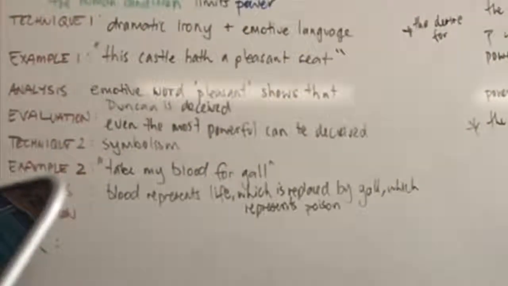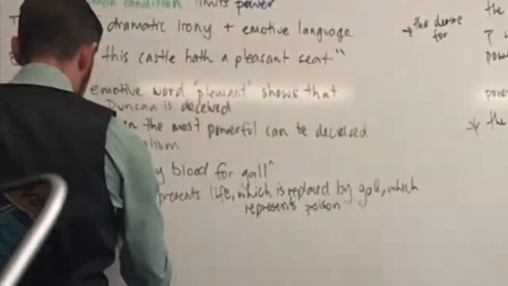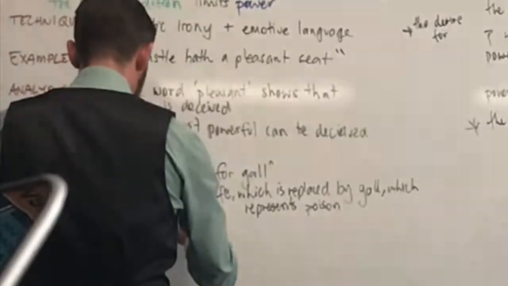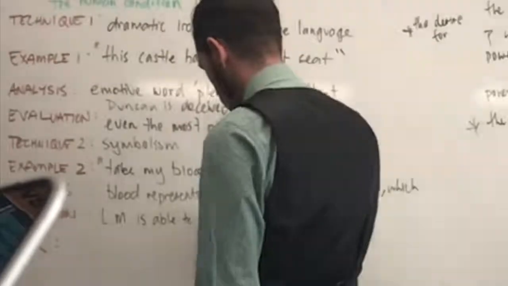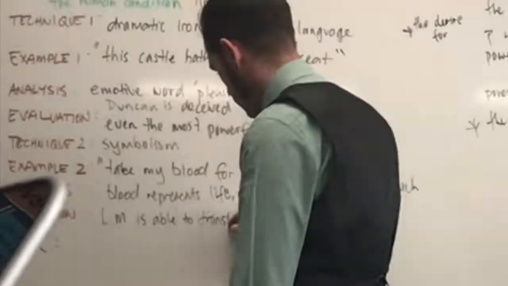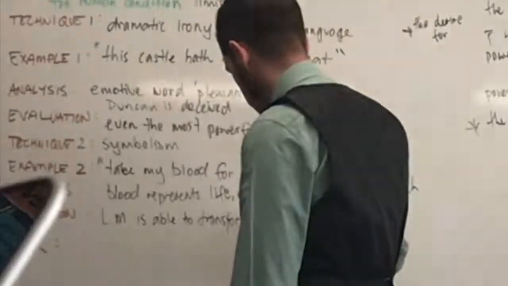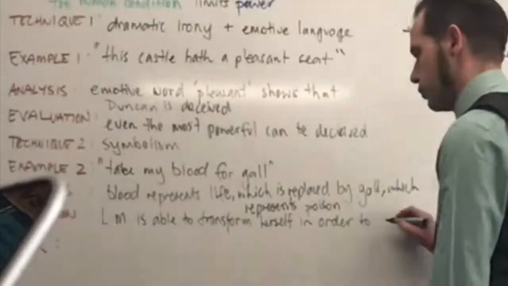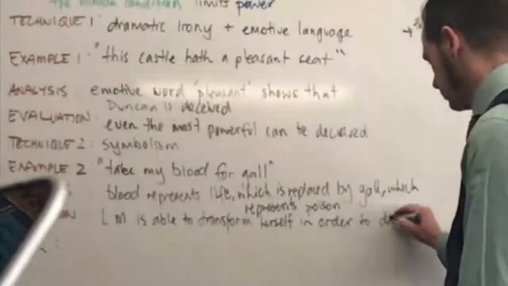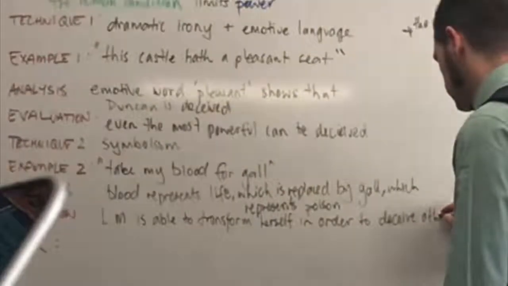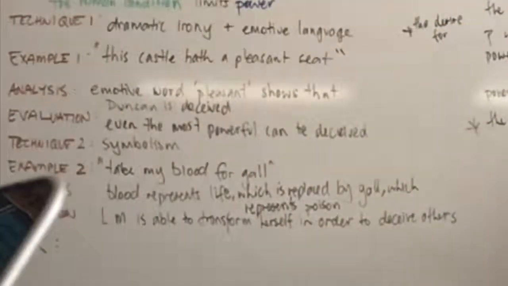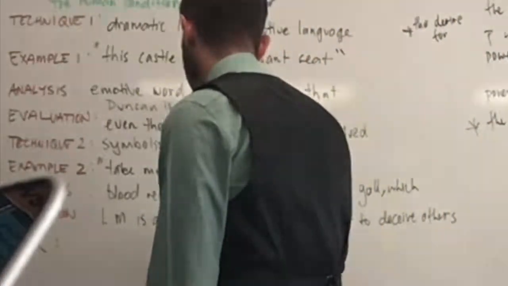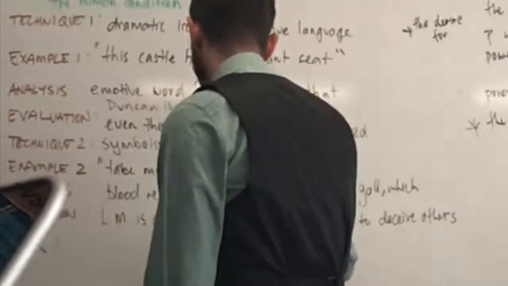He's trying to demonstrate that Lady Macbeth is able to transform herself in order to deceive others, and commit evil deeds.